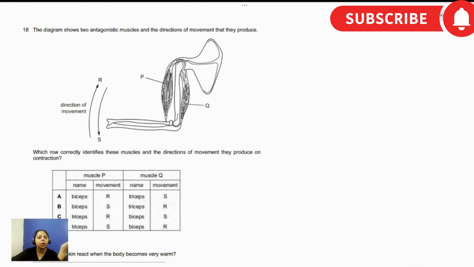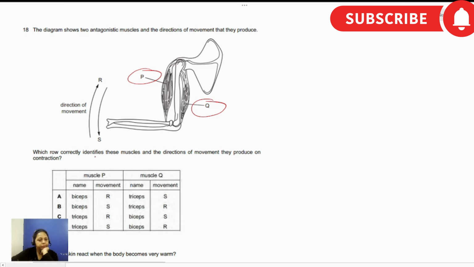Hold something, and then tell me what will happen to P and what will happen to Q. Hold a bottle of water, and then tell me what changes you feel in your arm.